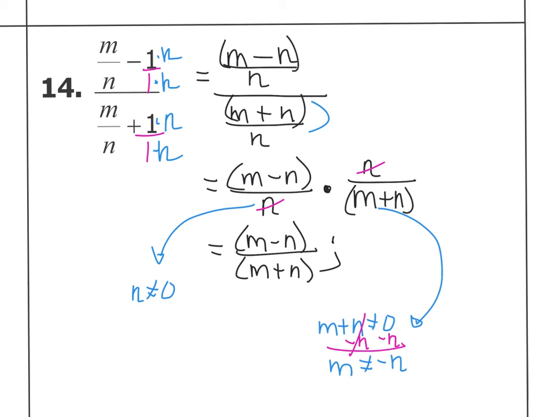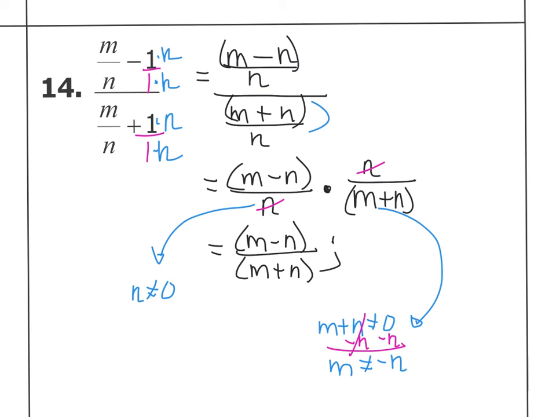In other words, if m and n were the same number but opposite signs, wouldn't that create a 0? Like if m were 2 and n were negative 2, that would create a 0. So we can't have them being the same number and opposite signs. And that's essentially what this is saying here. So our restrictions look a little different.